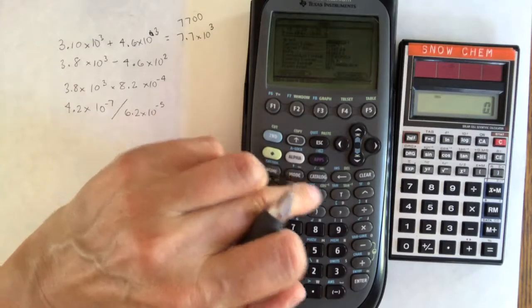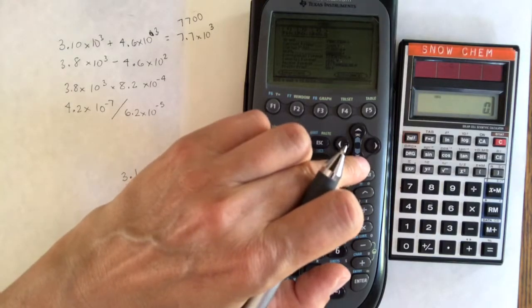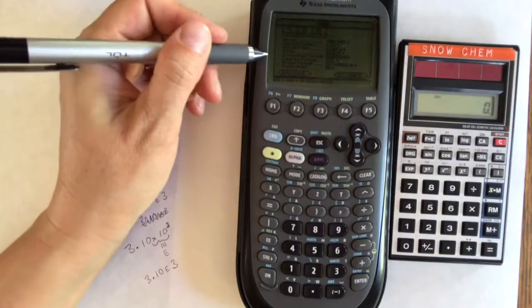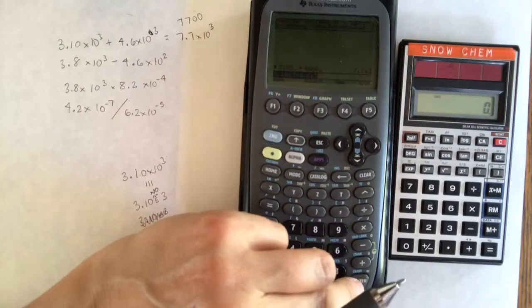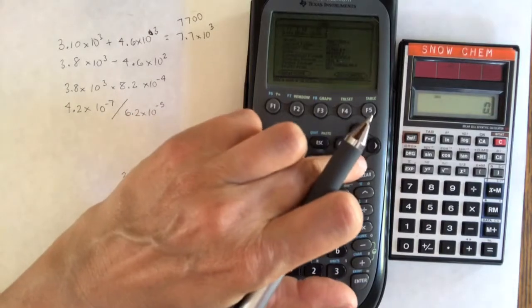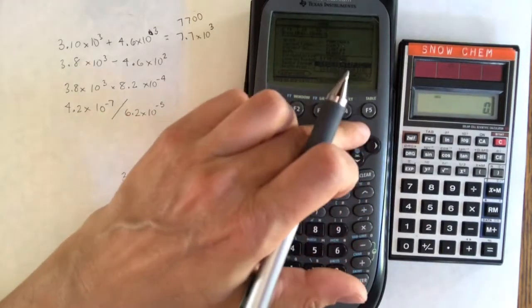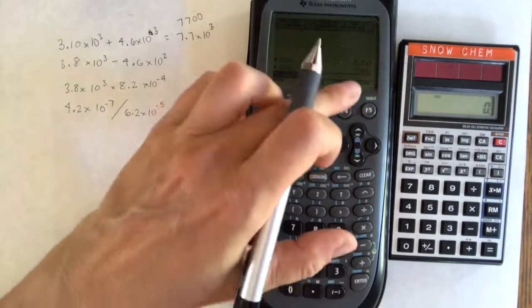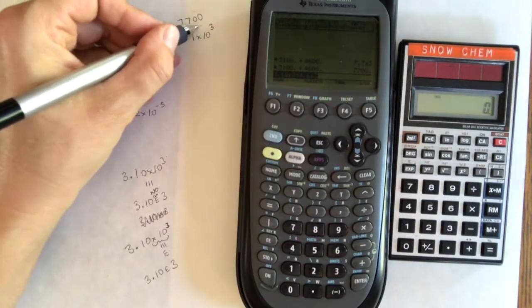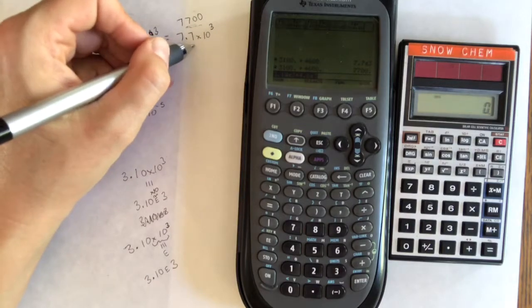So if you go to mode, right now I have this, where it says exponential format, and right now I have it set to scientific. You can change this to normal, and then it will give you the answer in normal notation instead of scientific notation.